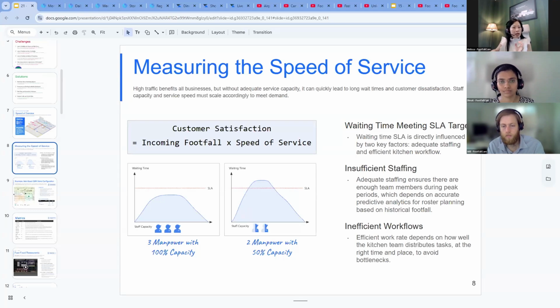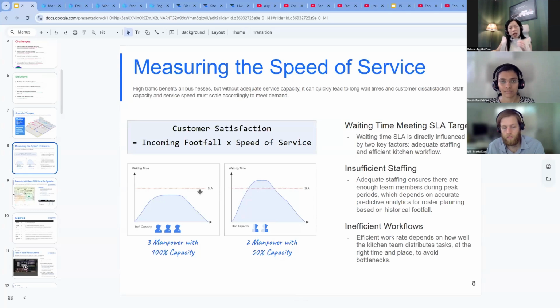If your team is staffed properly and working at full efficiency, they'll be able to serve customers promptly, and so you're meeting your SLA. You wouldn't breach your SLA, so the customers won't pile up. But if not, then they will pile up, so the waiting time will increase. This is where the SLA comes in. That's where you want to optimize operations within the SLA limit.